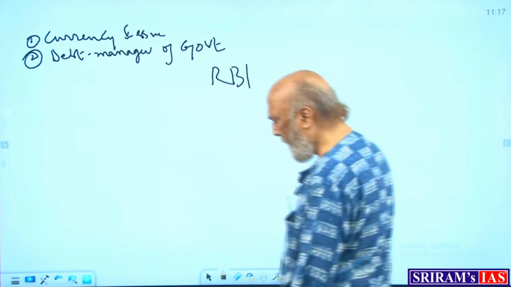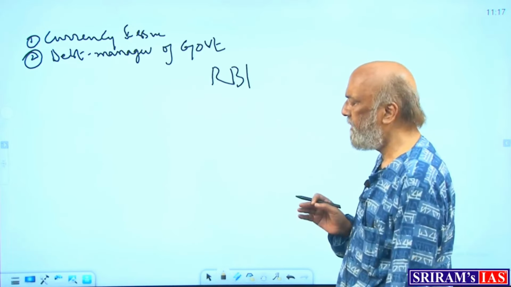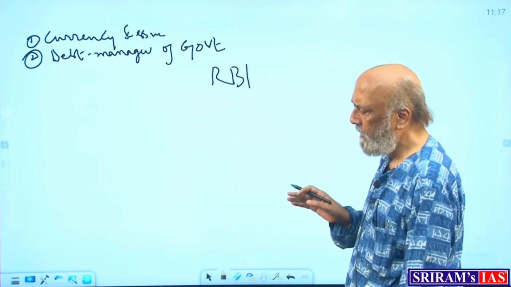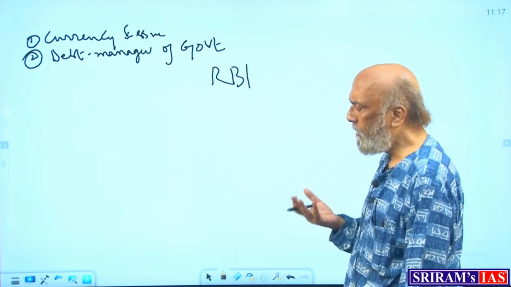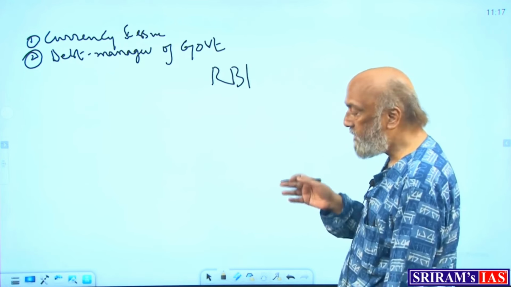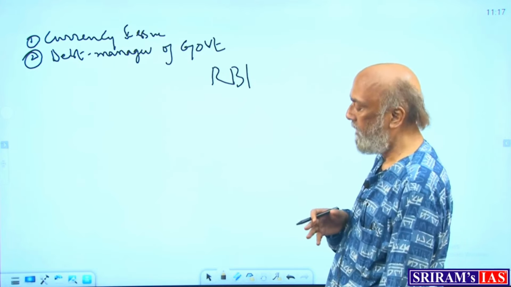But remember, RBI is also the monetary authority that sets the rate. It used to, not anymore because MPC has come in. So there was a problem that RBI would arrange the rate in such a way that it helps the government raise the loan cheap.